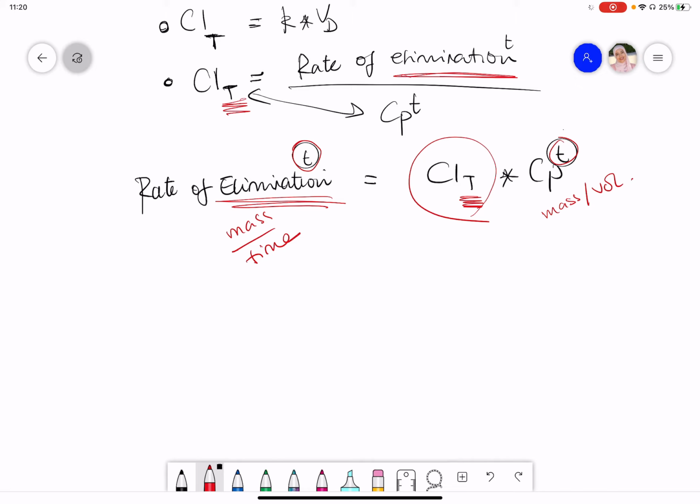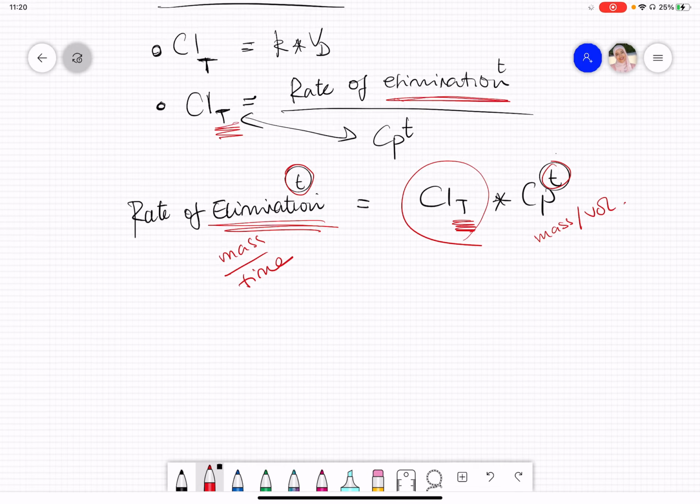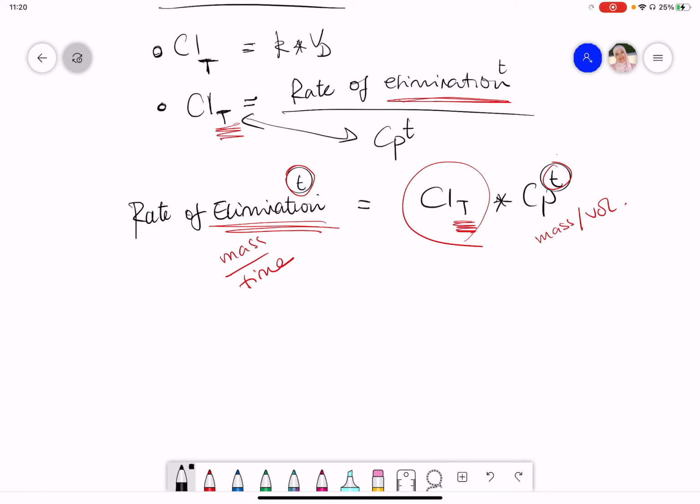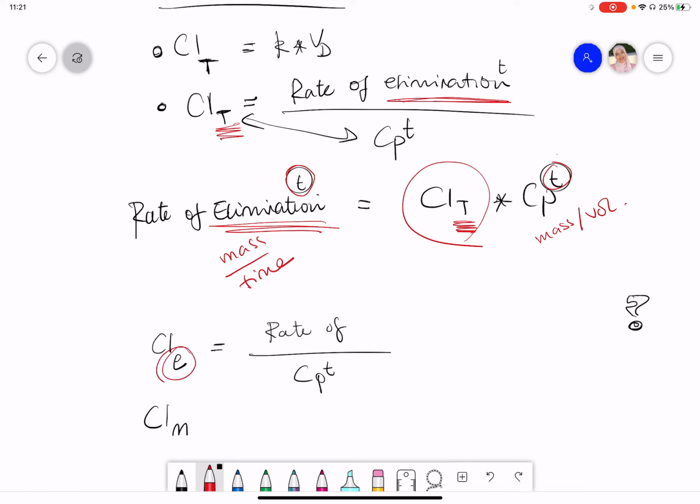Okay, and just make sure that, according to the concept that we just mentioned, you will be able to determine the excretion clearance and the metabolic clearance using this equation, right? Can you? Yes, we can. Concentration at certain time equals the rate of what? Excretion at certain time.